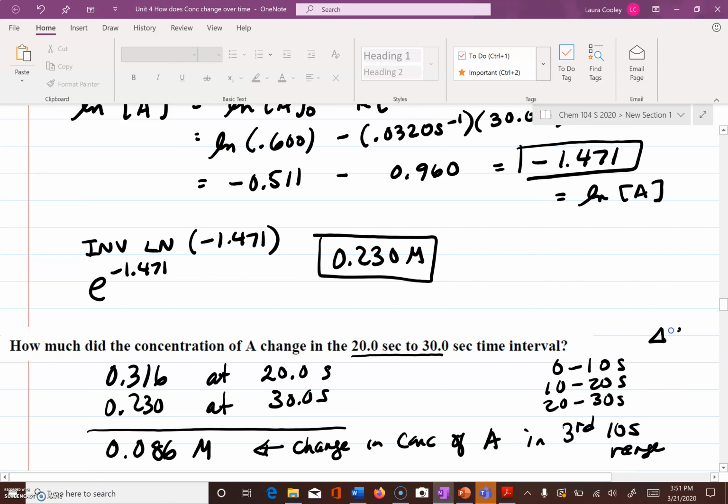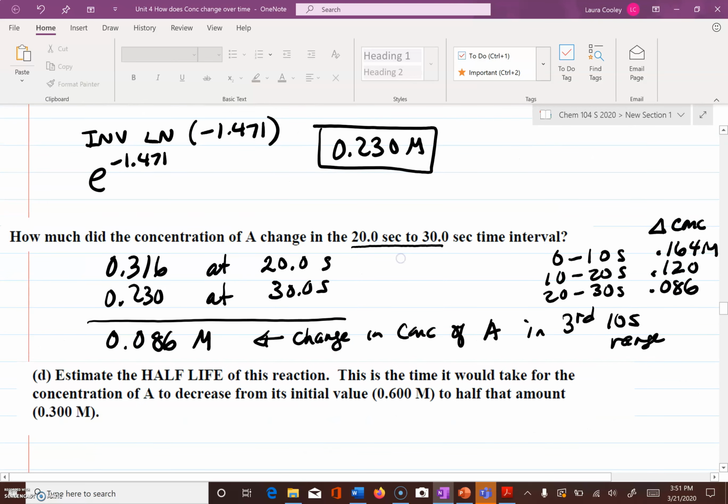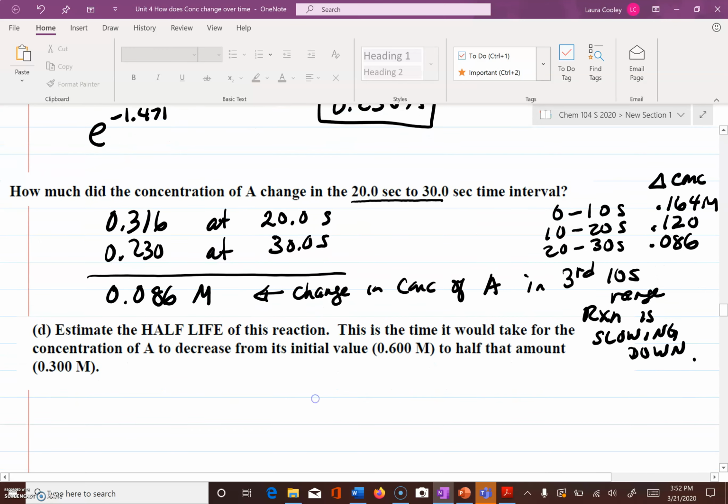And the change in concentration, we found that it was 0.164 in the first 10 seconds. It was 0.120 in the second 10 seconds, and now it's only 0.086. So what you can see is that the reaction is certainly slowing down, as we expected.